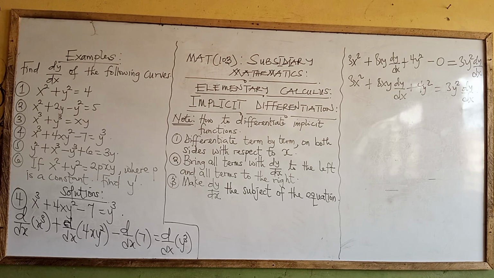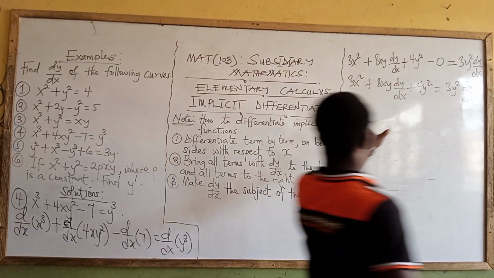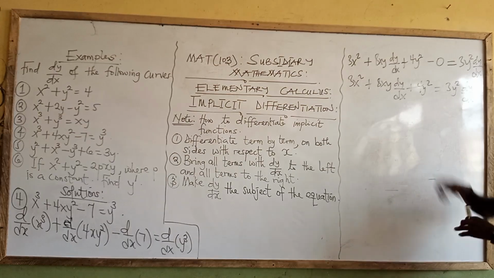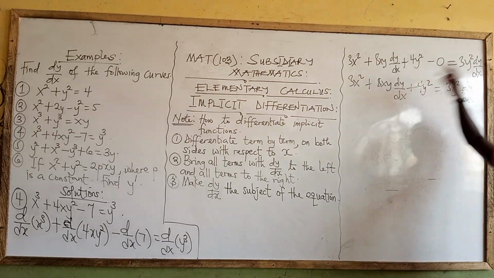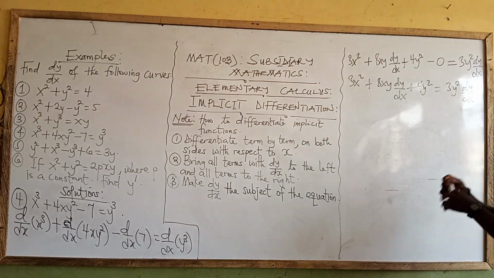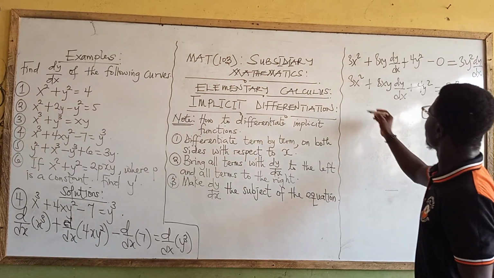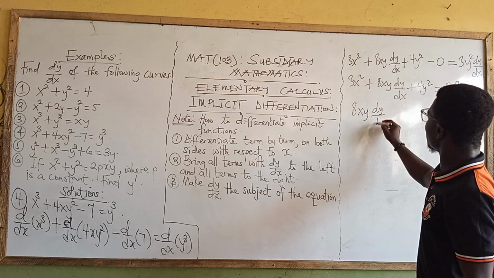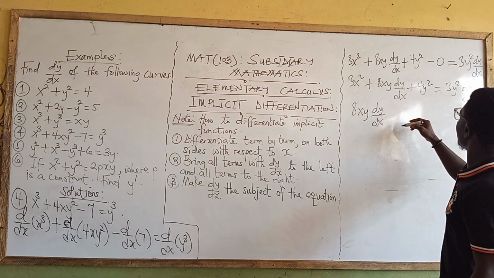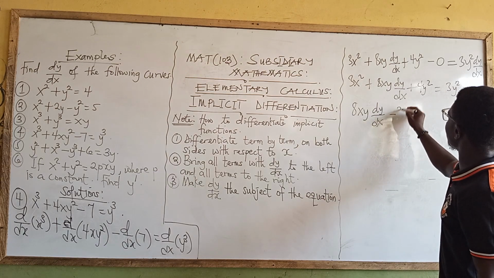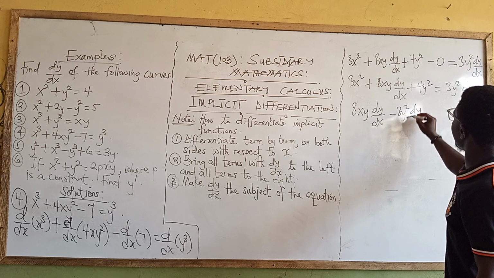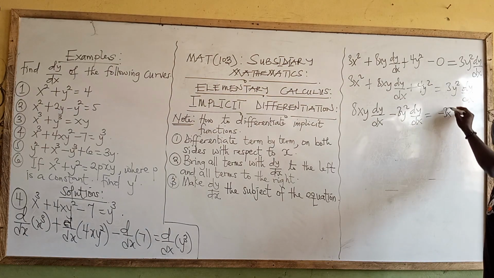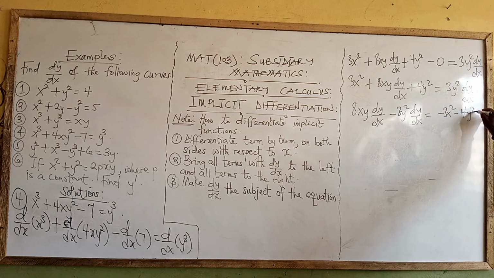So now, I have dy over dx here and dy over dx here. I send this guy to the left hand side, and I bring the other terms to the right hand side. So I have my 8xy dy over dx, then minus 3y squared dy over dx equals negative 3x squared, negative 4y squared.